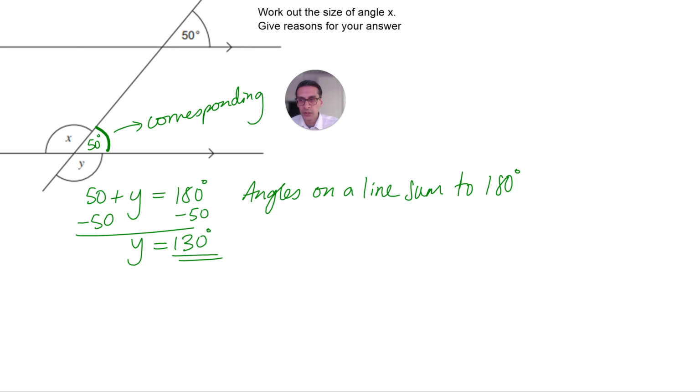And then we've got the x that we need to work out. So we can say x is equal to y because they are vertically opposite angles.